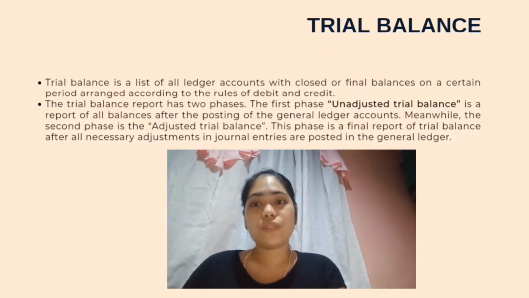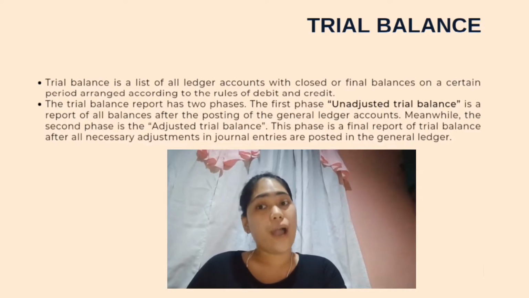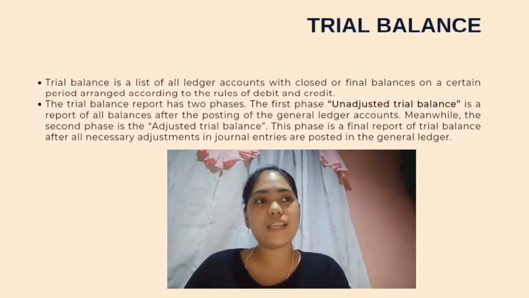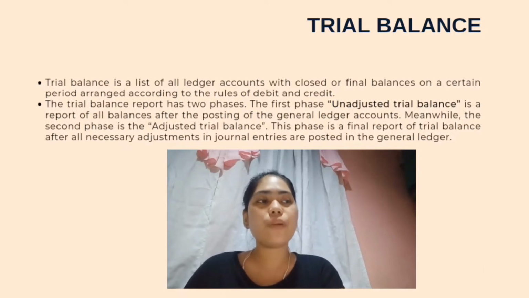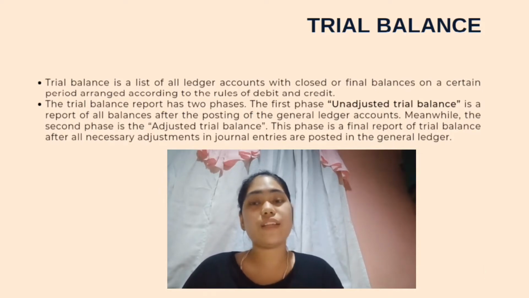The first phase, the unadjusted trial balance, is a report of all balances after the posting of the general ledger accounts. Meanwhile, the second phase is the adjusted trial balance. This phase is a final report of the trial balance after all necessary adjustments in the journal entries are posted in the general ledger.